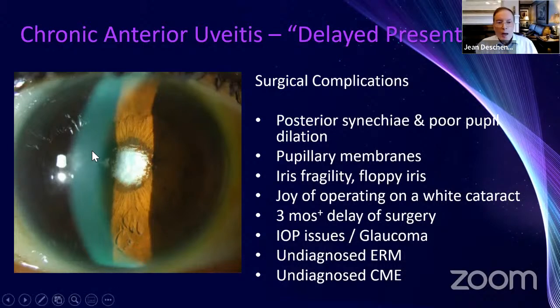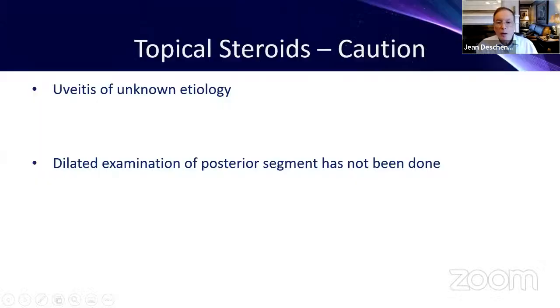And if you don't see the back of the eye, there'll be undiagnosed epiretinal membrane and CME that sometimes need to be treated. Now, you have to be cautious with all corticosteroids in general, but topical steroids in particular, in uveitis of unknown etiology, and if the dilated examination of the posterior segment has not been done.